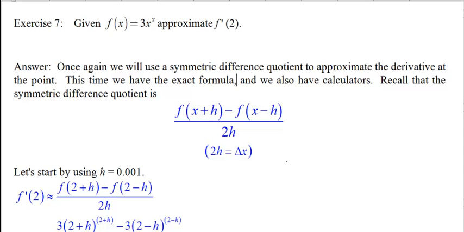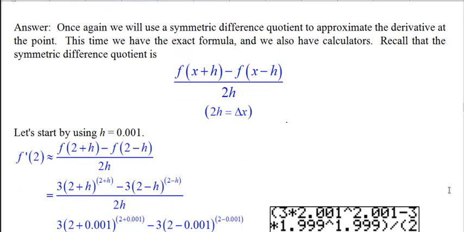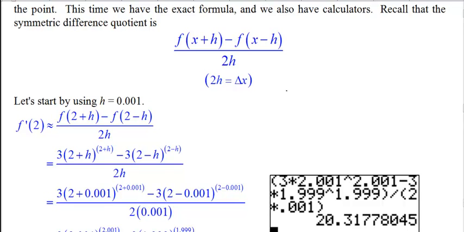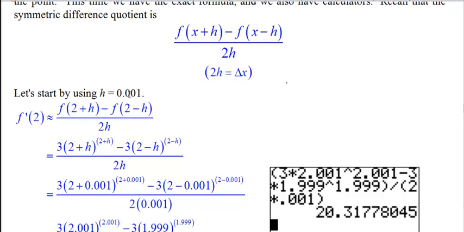Since we have our calculator, we can do this like this. Our formula is 2 plus h to the power 2 plus h times 3, minus 3 times 2 minus h to the power 2 minus h, over 2h. And we can evaluate this at various values of h. For example, if we use an h of 0.001, this becomes 2 plus 0.001, or 2.001, to the power 2.001, times 3.